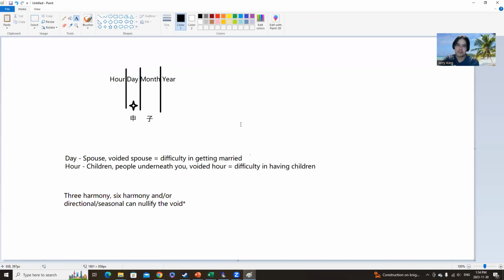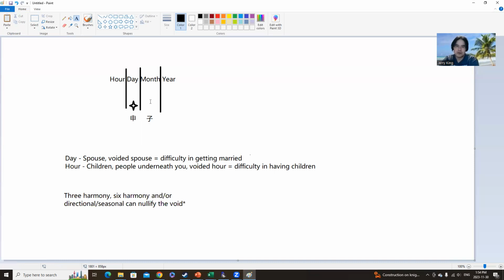But having worked on so many charts and tested it, a lot of times I find that these voids are nullified when you have a combination. That's what I found. I don't know whether you found or realized the same thing. There are so many people that can argue against this or for this, right? So at the end of the day, it's for you to test.